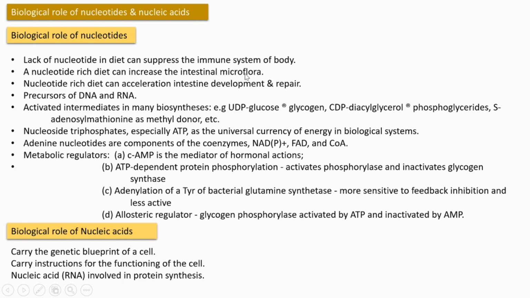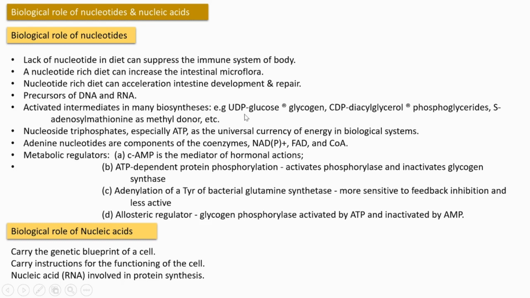Intestinal microflora thrive well when we have a nucleotide-rich diet. And the third one, a nucleotide-rich diet can accelerate intestine development and repair. Then nucleotides are the precursors of DNA and RNA. Next, nucleotides act as activated intermediates in many biosynthesis pathways.